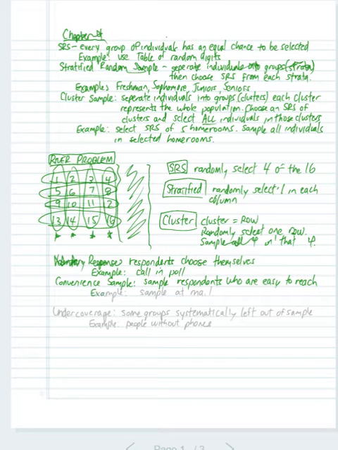And the example I'd like to give for that one is taking a sample at the mall. So you go to the mall that's closest to you, it's very easy, it's very convenient, and you just sample whoever you may see walking around the mall. That is definitely not going to give us a representative sample of the whole population, and is therefore a poor sampling technique.